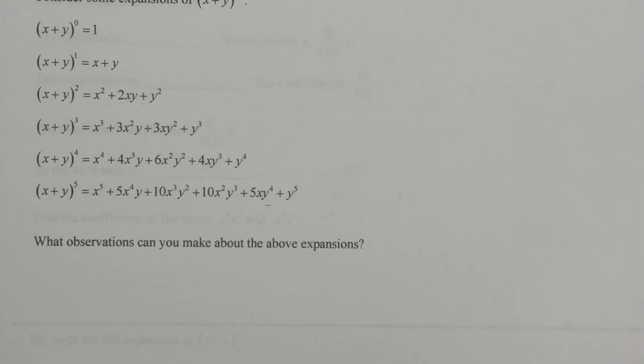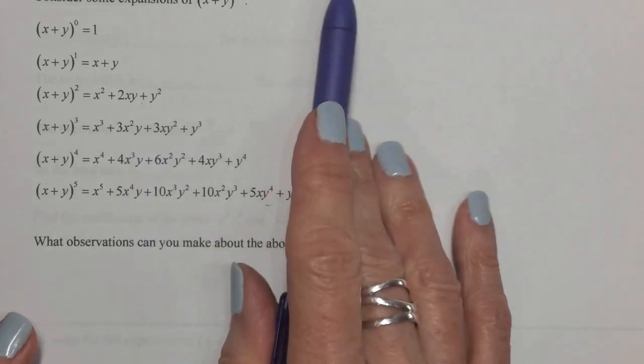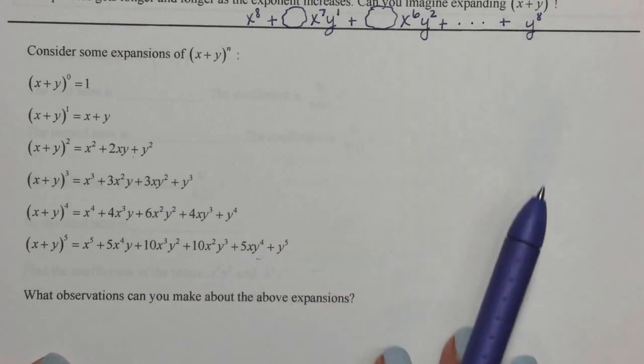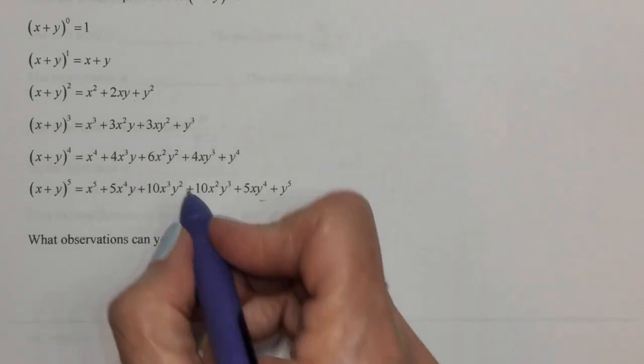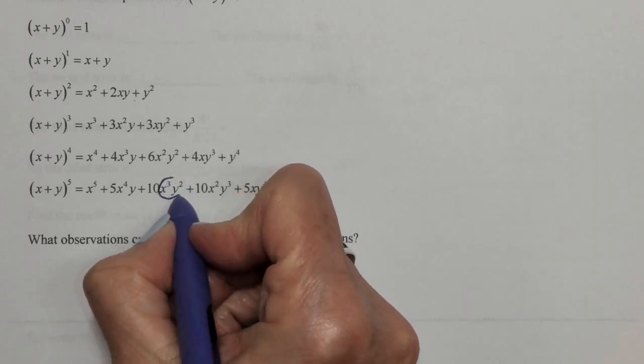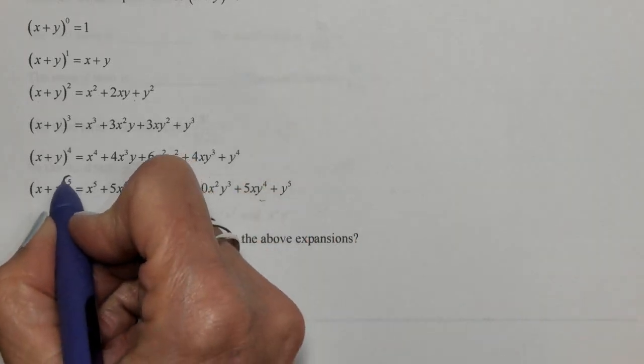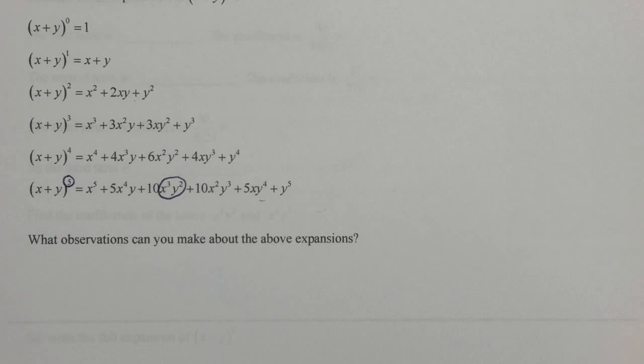So for one of the patterns, one of the observations you would probably say are the same thing that I said up here with the x's and the y's, that each time their exponents add to the power that we started with, right?